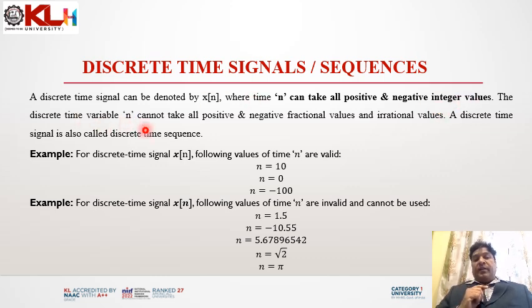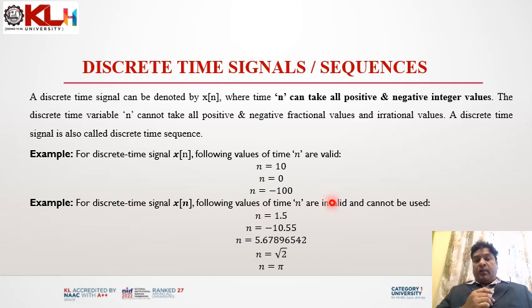The discrete time variable n cannot take fractional values, and of course it cannot take irrational values as well. So let us see some examples of valid discrete time n. Of course we can take n equal to 10, 10 is an integer. We can take n equal to 0, 0 is also an integer. n is equal to minus 100, that's a valid discrete time, that's also a negative integer.